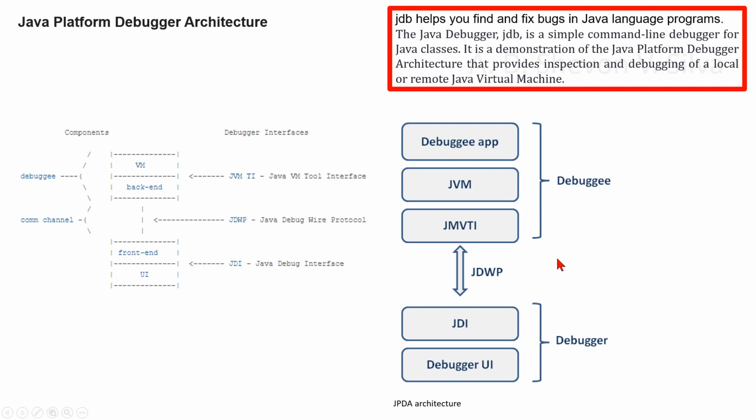JVM DI was deprecated in J2SE 5.0 in favor of JVM TI and was removed in Java SE 6. Java Debug Wire Protocol, JDWP, defines communication between the Debuggee Java application and the debugger process.